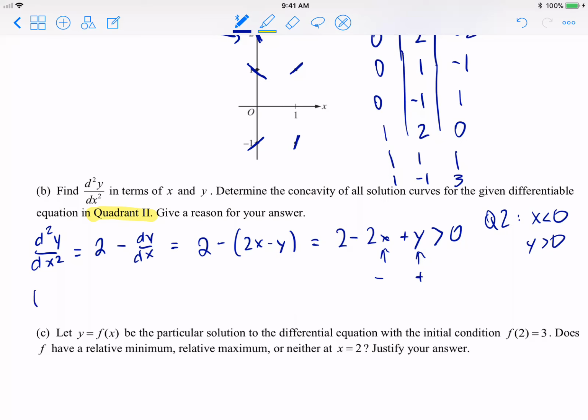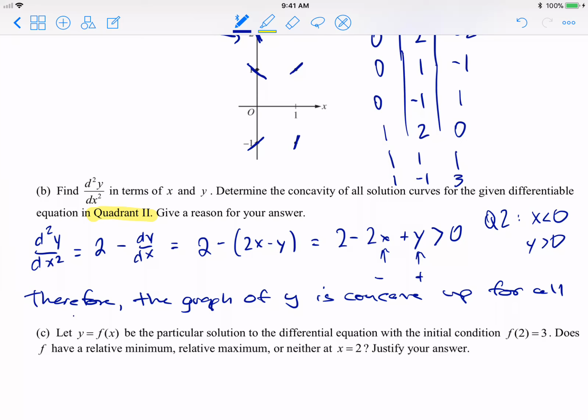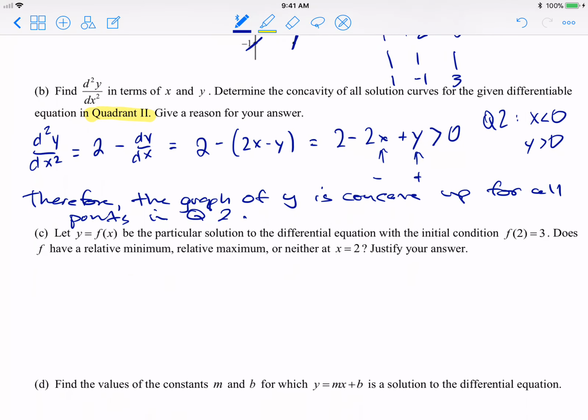And so I can say, therefore, the graph of y is concave up for all points in quadrant 2. Okay, and the reason for that, again, is because the second derivative is positive in the second quadrant, because I know the x's are negative and the y's are positive.